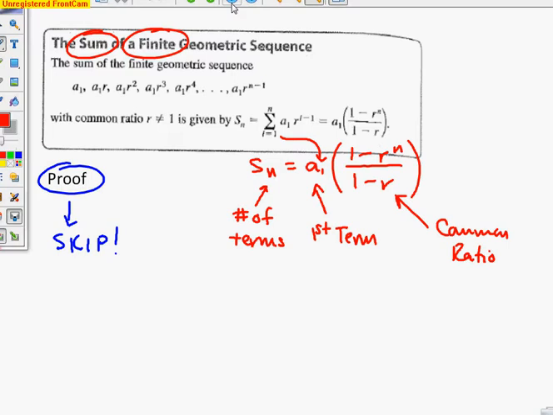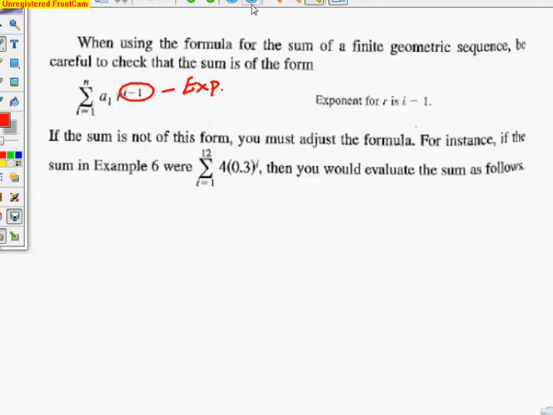But the way that I explained it, if you just remember that that first term is what you get when you plug in that lower limit, then you don't need to worry about this. Just remember that the first number on the bottom of sigma is what goes in for the i to find the first term.